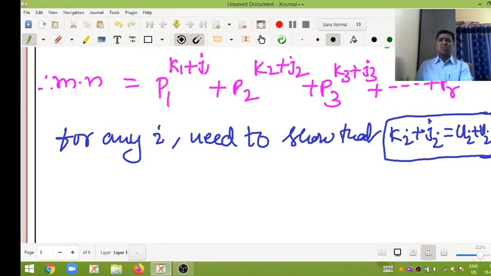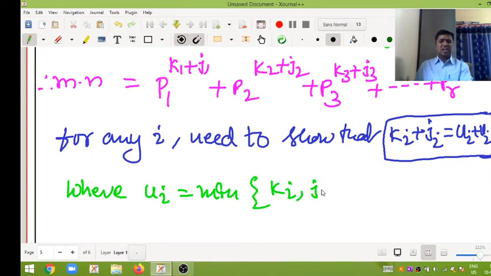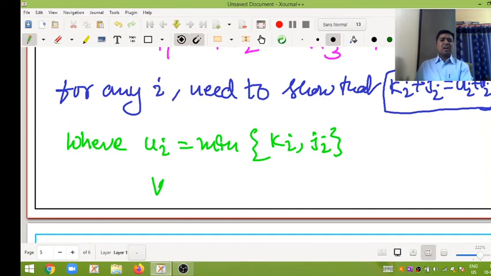Here you all know that ui is equal to the minimum of ki comma ji, and vi is equal to what, my dear friends?